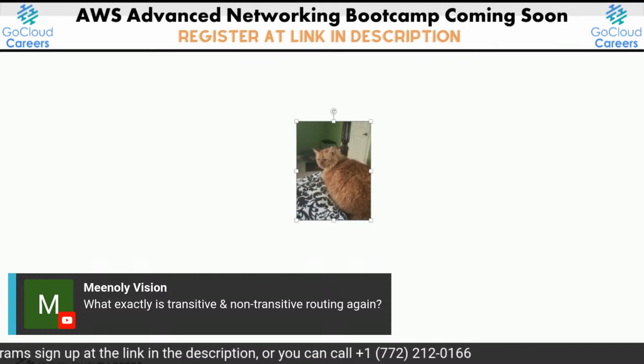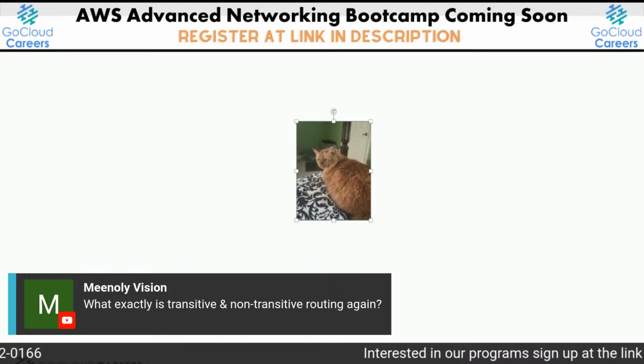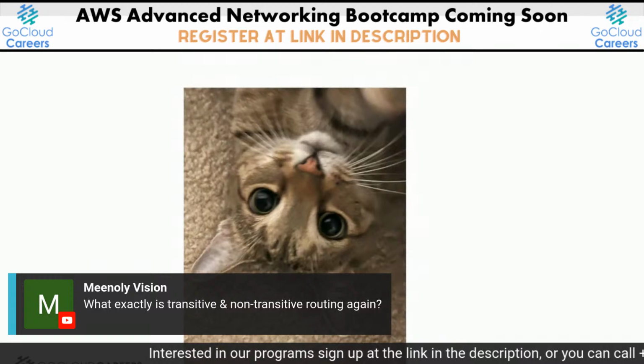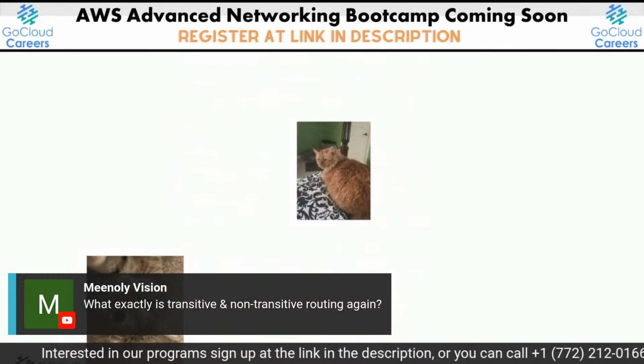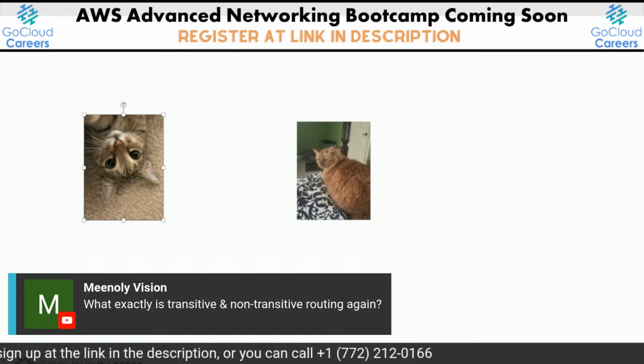So I'm going to use two different versions of two different cats here. We're going to use transitive versus non-transitive. On the left side of this cat, we've got my cat Cindy, who is coming out from hiding under a bed. She thought it was really cute. And I know what we're going to use for the other cat.